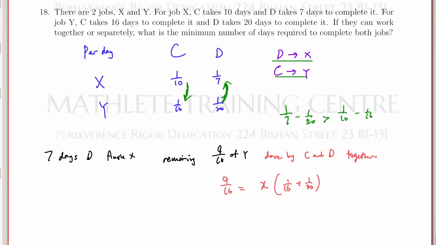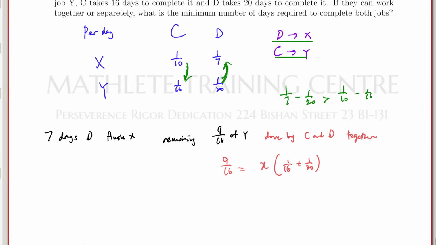How to find x, where x is the number of days? We can multiply throughout by 80. If you multiply by 80, you get 45 is equal to 1 over 16 times 80, which is 5x, plus 1 over 20 times 80, which is 4x. So now you get 9x equals 45, so x is actually 5.